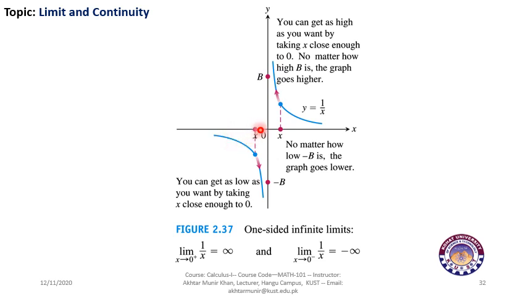Similarly, as we move towards x equals 0 from the left, you can get as low as you want by taking x close enough to 0. These are the one-sided limits. When we approach 0 from the right, the function goes to plus infinity. On the other hand, if we move towards 0 from the left, the function goes to minus infinity.